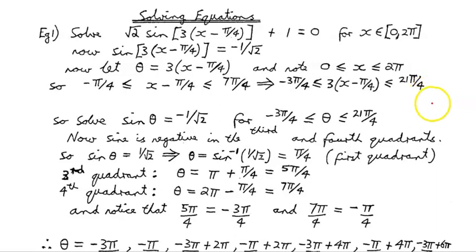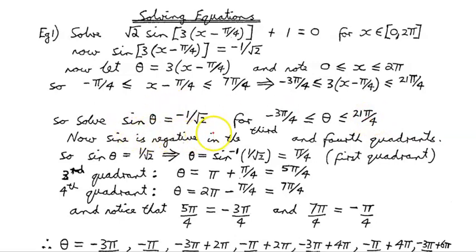So there's our transformed interval, and our solutions will range in this region for theta. Essentially what we want to do now is solve sine theta equals minus 1 on root 2, for theta between minus 3 pi on 4 and 21 pi on 4.